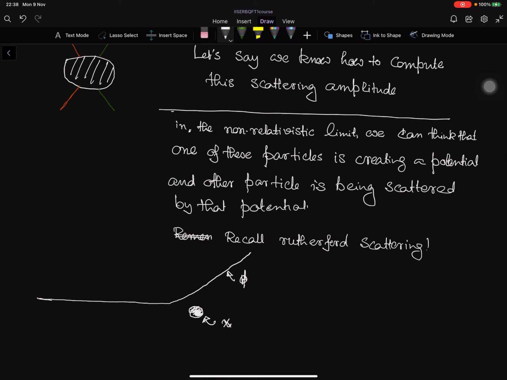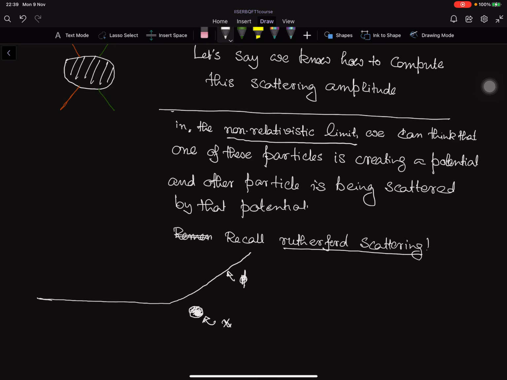The important thing is that in the non-relativistic limit we can think in this way. Rutherford scattering can be thought of in two ways. One is that the phi particle is being scattered by a non-relativistic Coulomb potential, or it can be thought of as a scattering where you are throwing an electron at the nucleus of the heavy atom, and what's coming out is again the nucleus of the heavy atom and the electron.